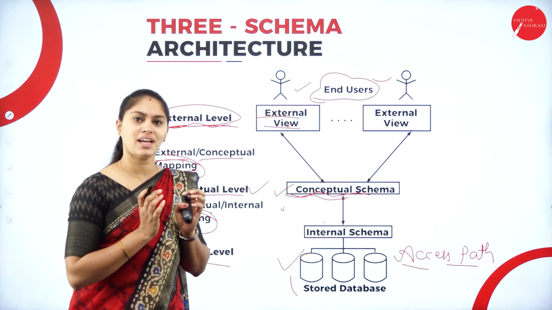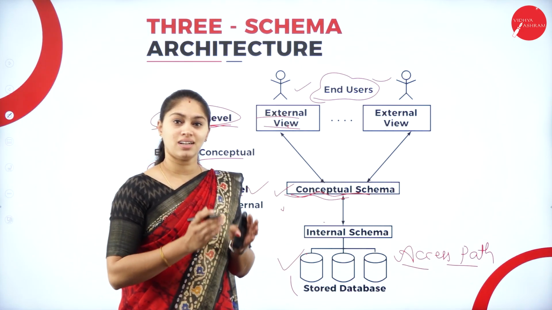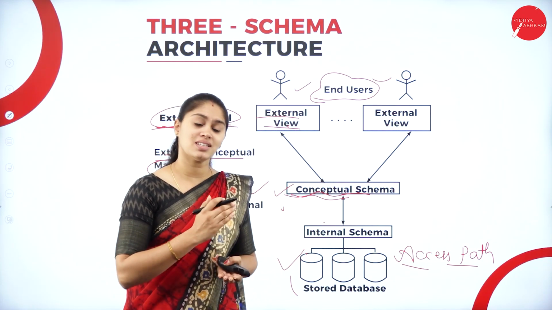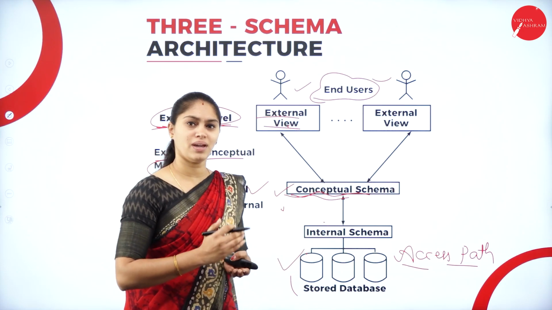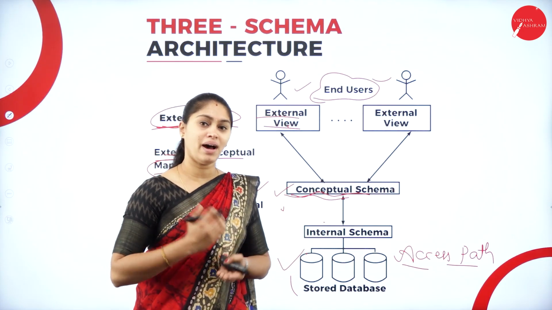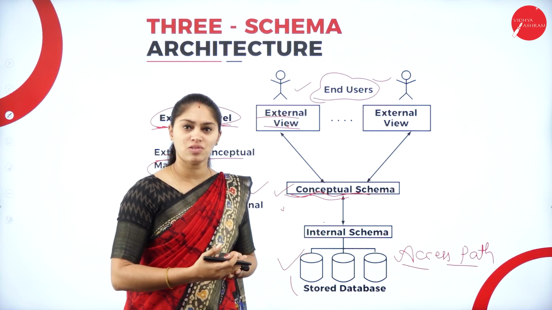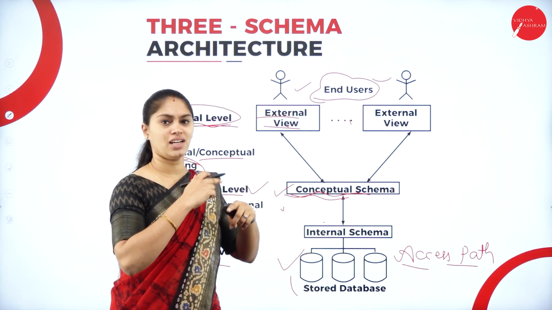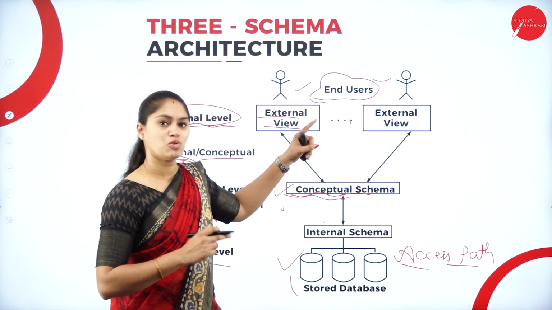Once the query is processed and the resultant is done, I can't send the data and information in machine language. That needs to be understood by the computer, but the data being produced should be understood by the end user. So again it is mapped to the end user's view.